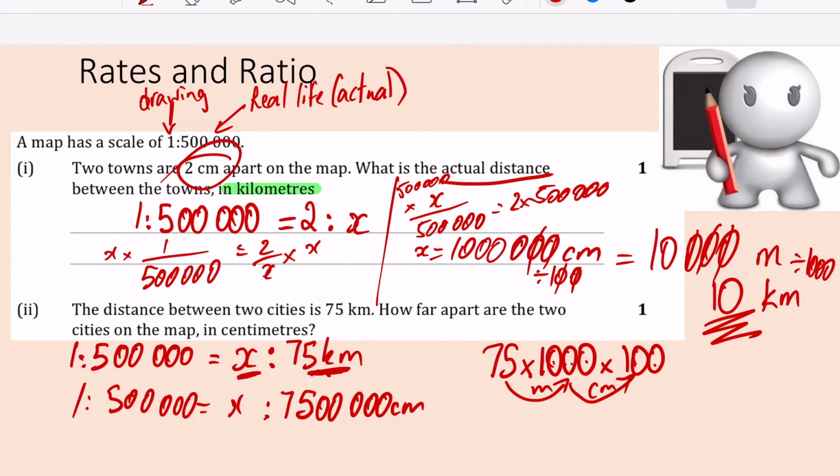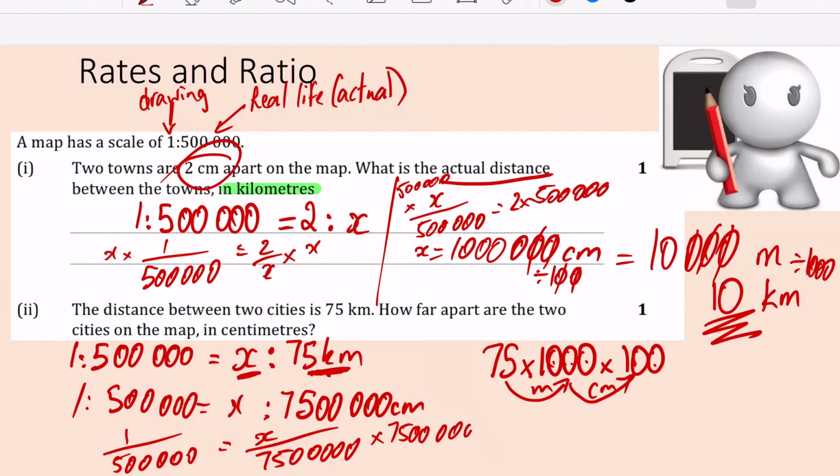All right. Okay, let's go. Change them both to fractions. 1, 2, 3, 4, 5. All right, and what do I do here? Lots of different ways to solve this, but what I'm going to do is multiply both sides by 7,500,000.